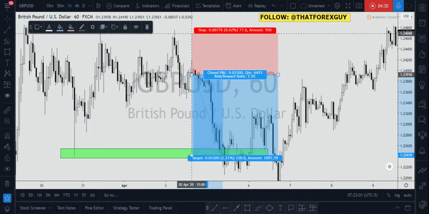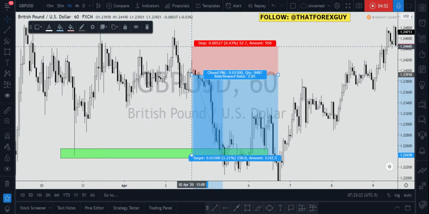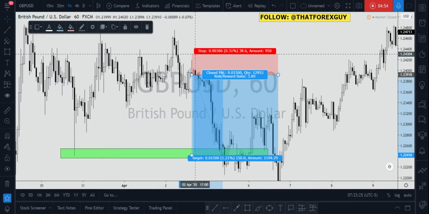As I lower the stop loss, you can see that this number does not change because we're always risking 5%, but as the risk to reward ratio gets greater, so do our profits. So no matter what, we are always risking that percentage, which is in this case 5% or $50. But look at the profit just as we lower our risk.